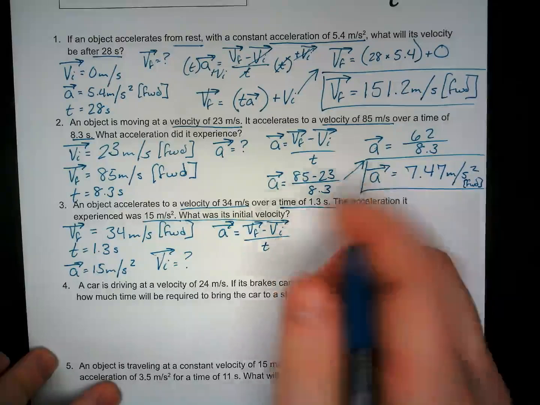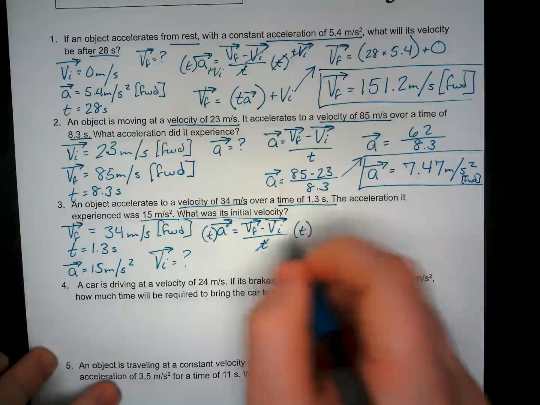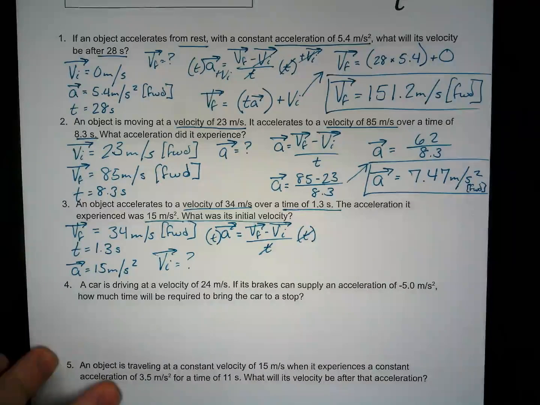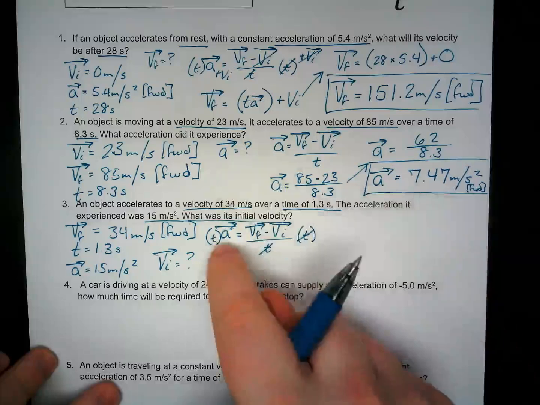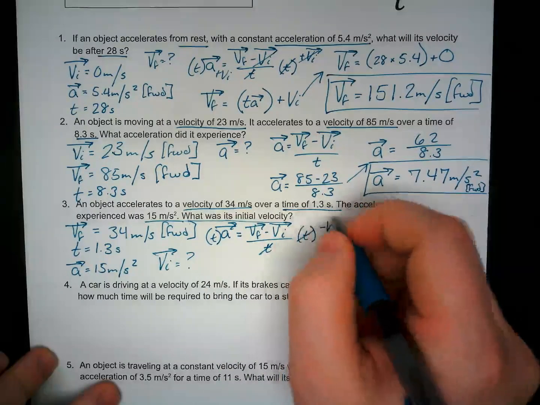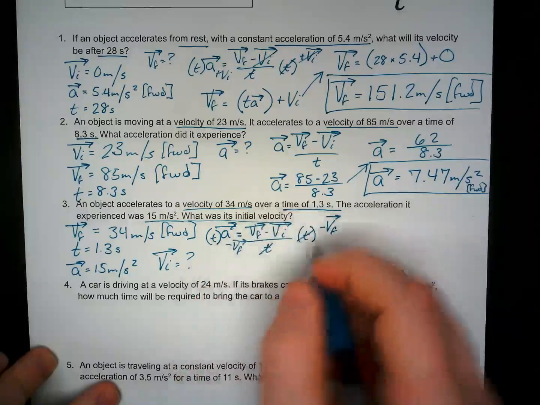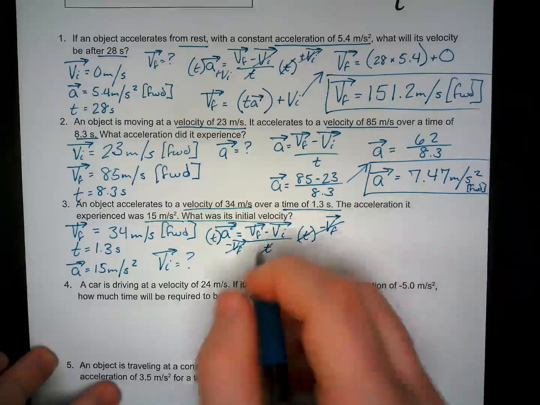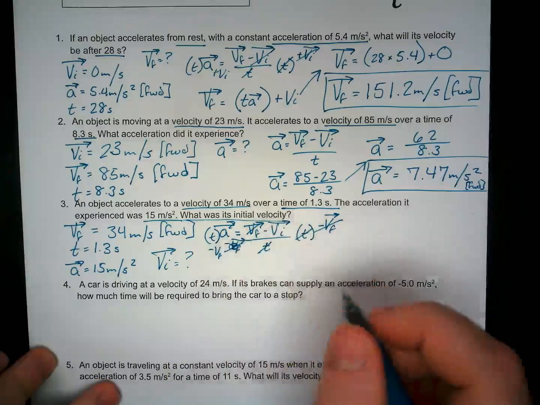So what I'm going to do, like always, is multiply time to both sides, which cancels, okay. To get rid of final velocity, because I want to keep initial velocity, I've got to subtract final velocity from both sides. So then that gets rid of it. Oops, nope, it gets rid of that guy. I still have this guy over here.